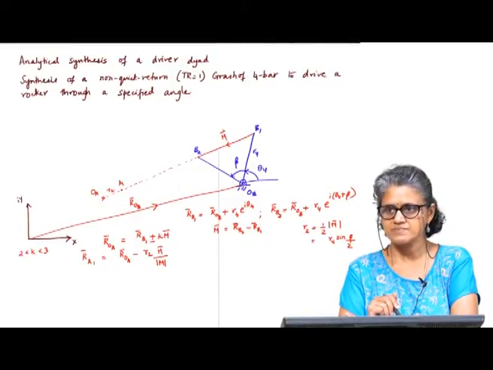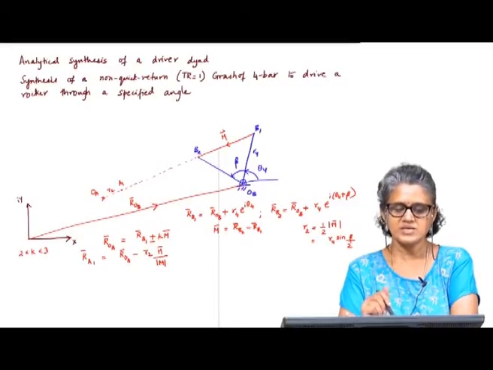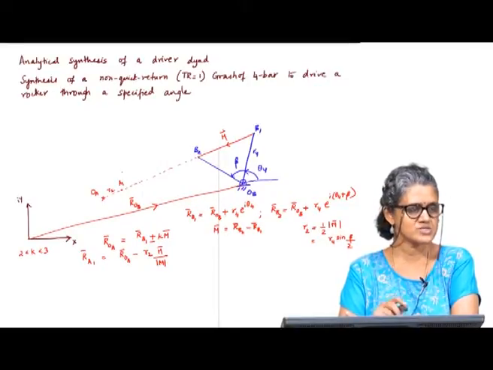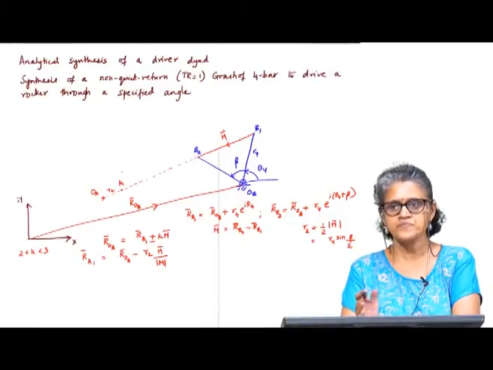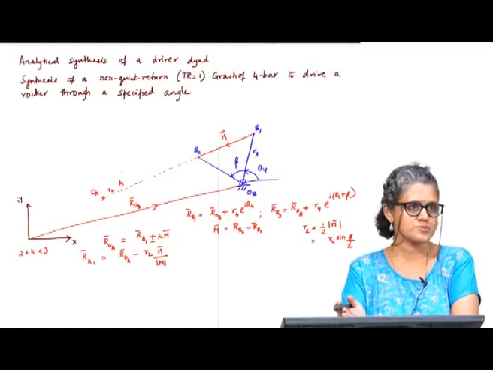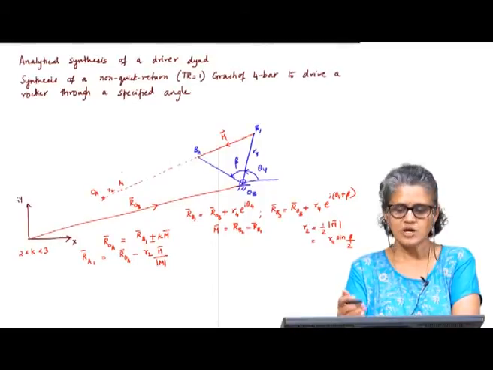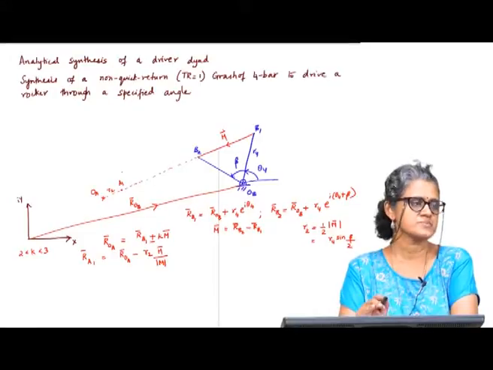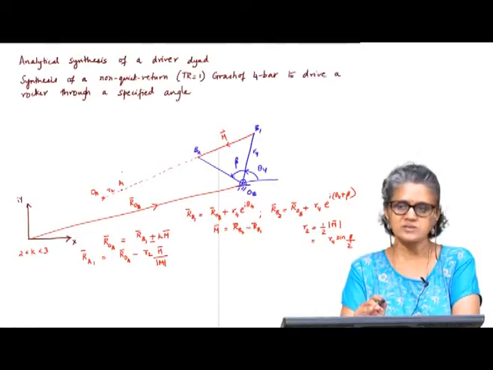So, this is the analytical synthesis for a driver dyad. It could be for a standalone crank rocker, or for a driver dyad for another 4 bar, so the output of this becomes the input for the other 4 bar.